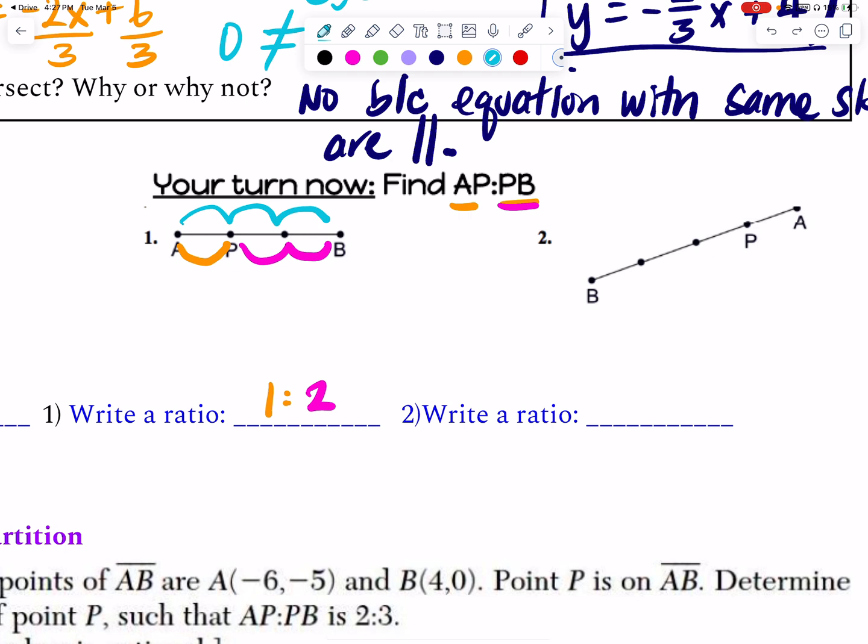Number 2, the ratio of AP is 1 again. And PB is 1, 2, 3. The total number of sections is 4. 1, 2, 3, 4. And you can see 1 plus 3 is 4.